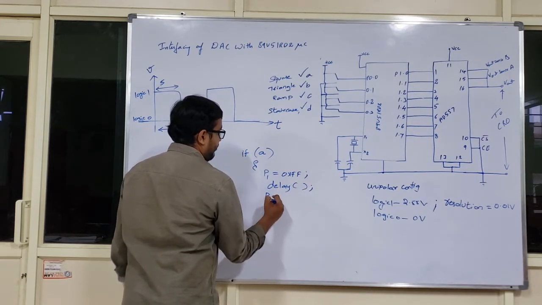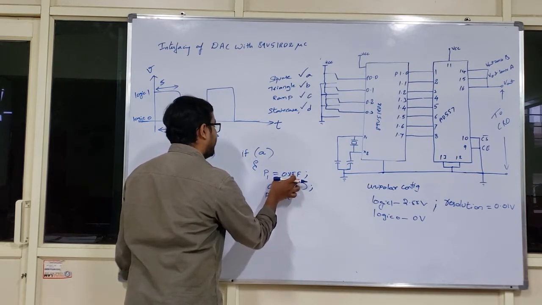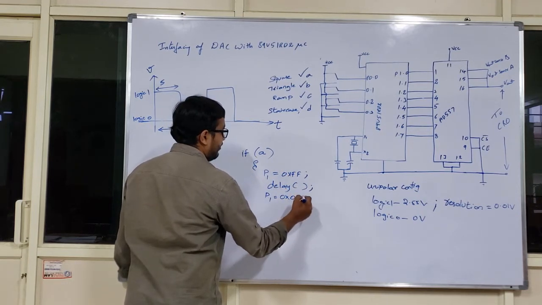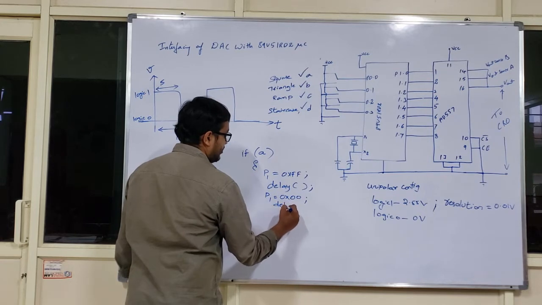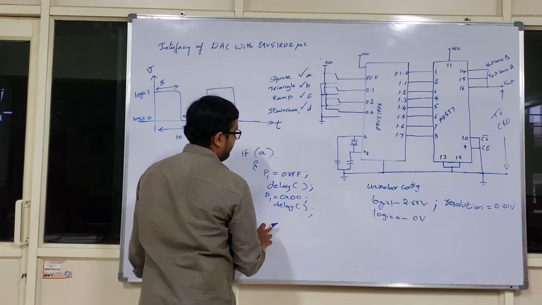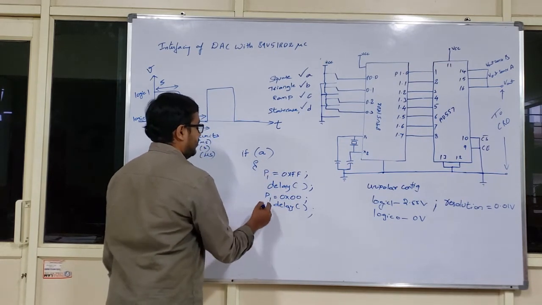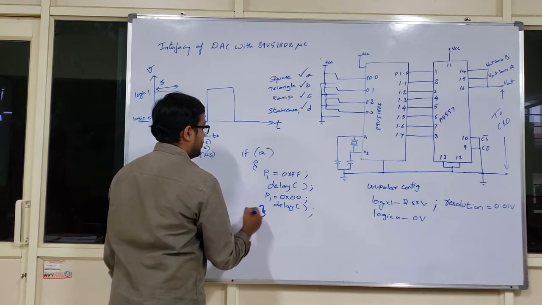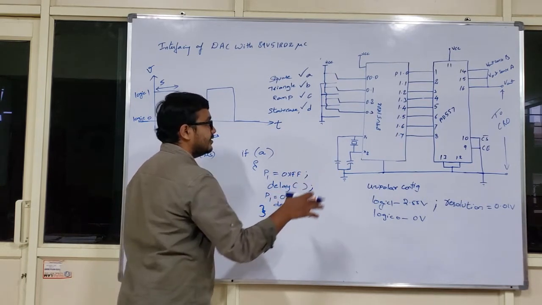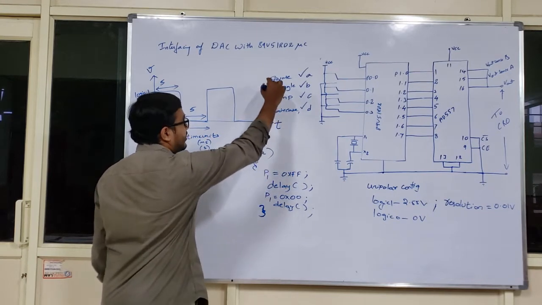After P1 equal to 0xFF sustains for some time interval, delayed by a delay routine, the status of P1 will become 0x00, and this 0x00 will remain for the same amount of time, and you can close the instructions. These instructions produce the square pulse. So I have completed how to generate a square pulse.